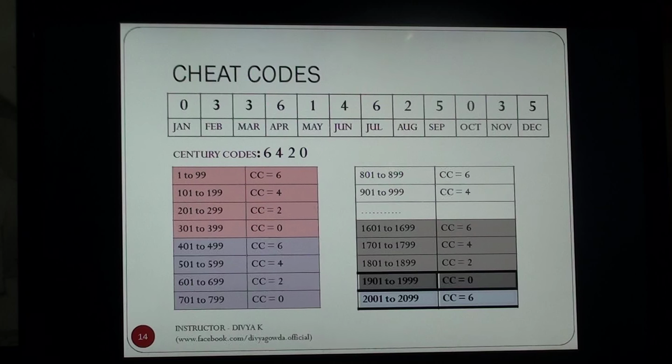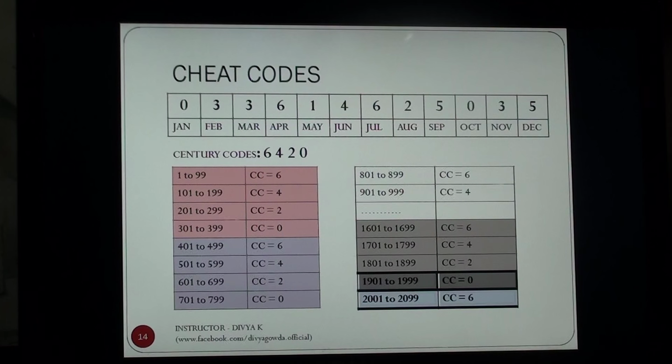Usually you fall in these two categories. Anything from 1901 to 1999, you just consider century code is 0, and anything after 2001 onwards, you take the century code as 6. So don't worry too much about whatever tables I have written, just remember the last 2 points which I have highlighted. That is more than enough for you to solve the problems.